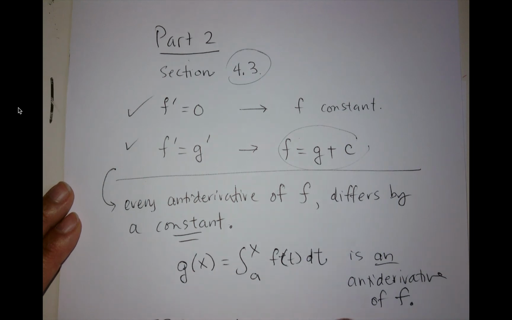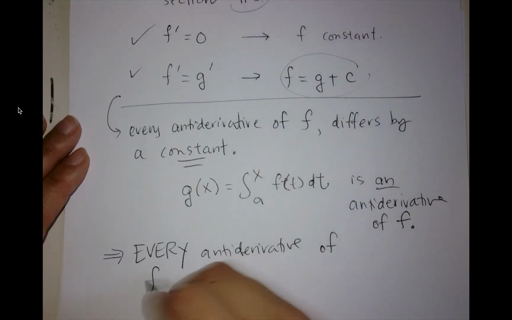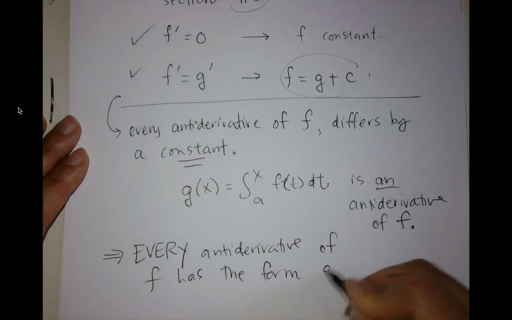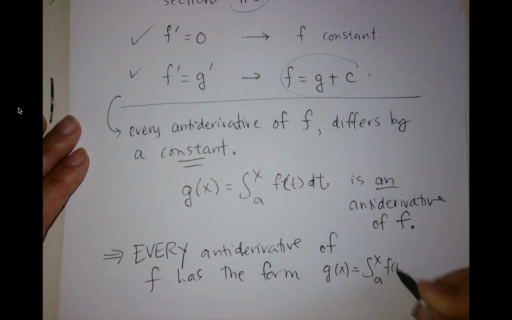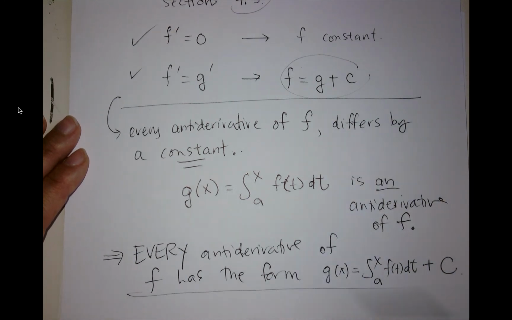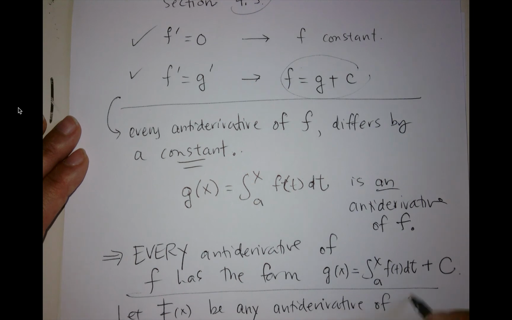Okay, so this implies that every antiderivative of f has the form g of x equal to the area so far function plus some constant by this statement. Okay. Now, if this is true, then let's let capital F of x be any antiderivative of f.